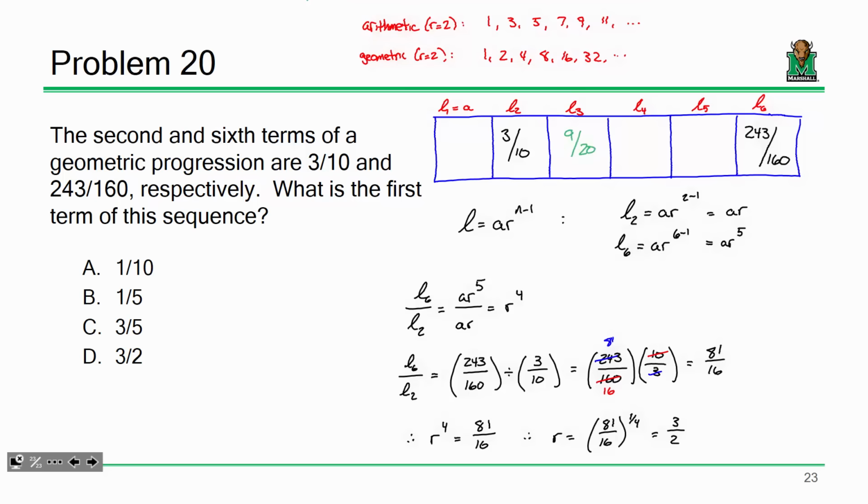What's that times 3/2? And then, see it? Look what happens to the bottom. 10, 20, 40, 80, 160. 3, 9, 27, 81, 243. So what's left? Divide. 1/5.